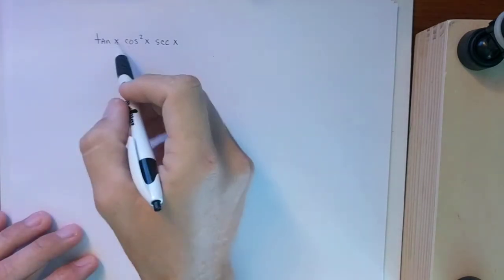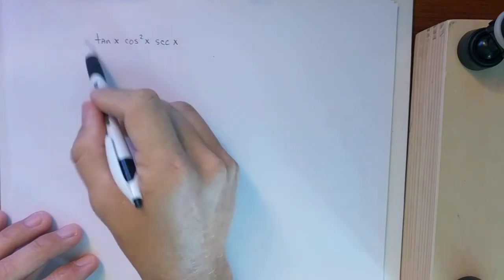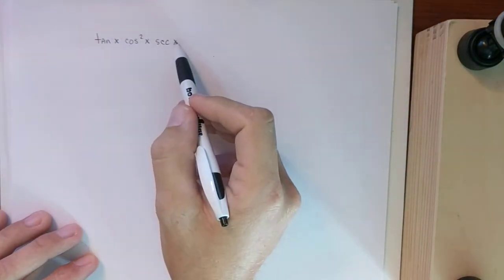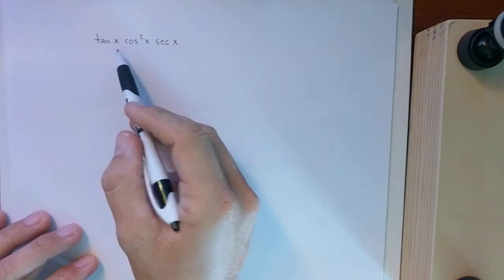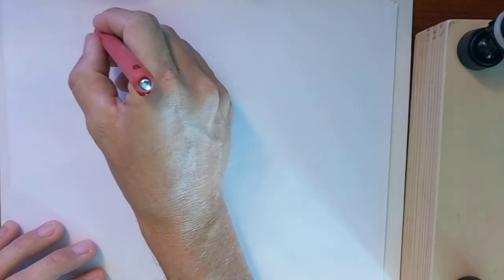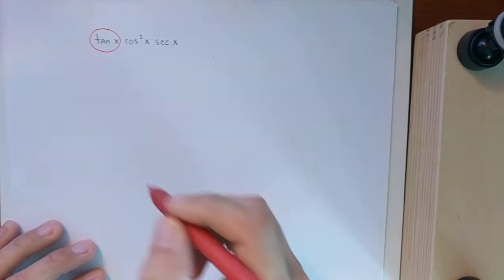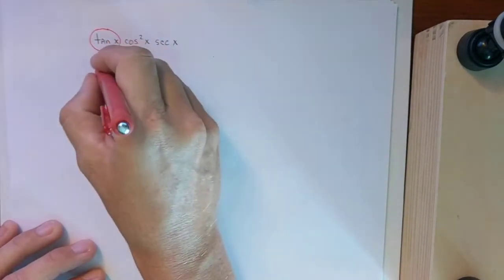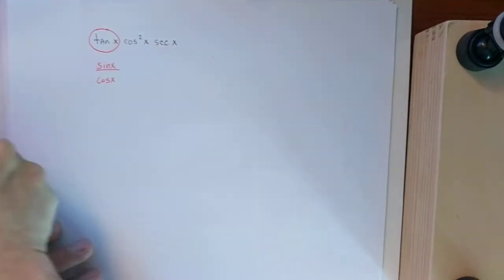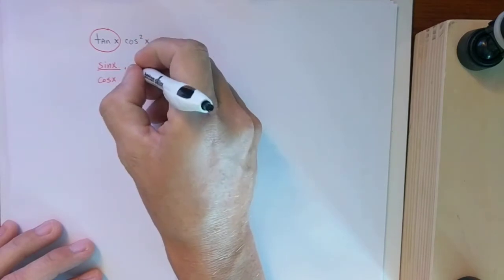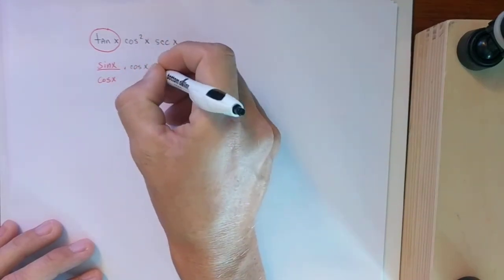So one strategy is to take every function that's not sine or cosine and rewrite it so that it's in terms of sine and cosine. So we know from our identity sheet that tangent x is sine x over cosine x. And this is cosine x times itself, right?